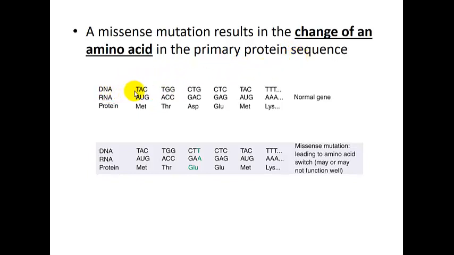So here's an example showing the DNA sequence, the RNA sequence that's being transcribed, and then the resulting protein chain, the amino acid chain that would occur during translation. If we have a change here, a point mutation substituting the C and the T and the G here into a C and a T and a T instead, now our transcript will read GAA, and instead of the amino acid ASP, we'll have the amino acid GLU.